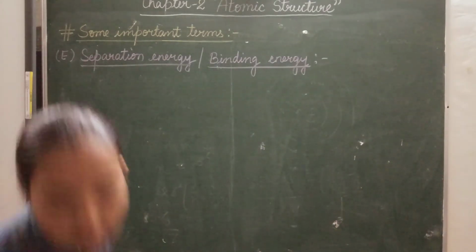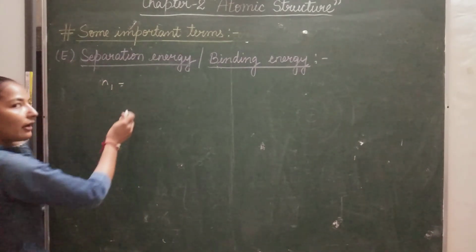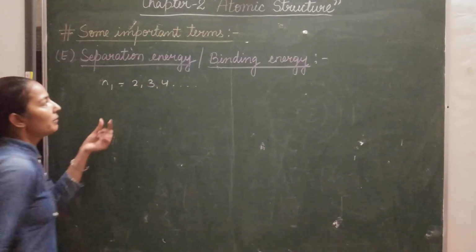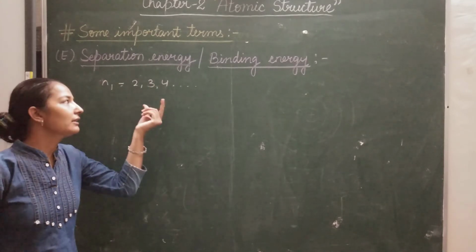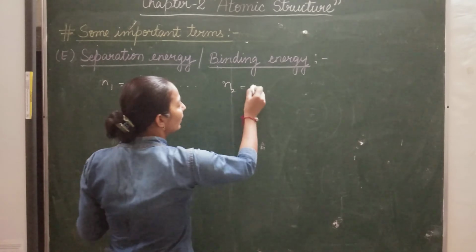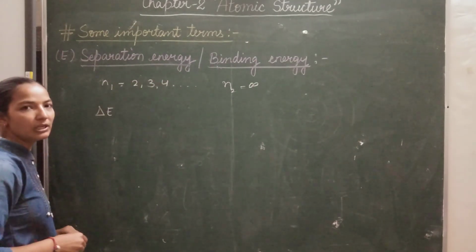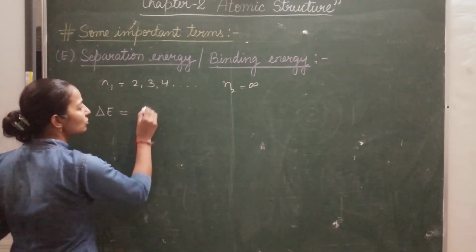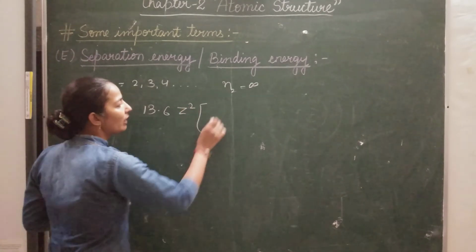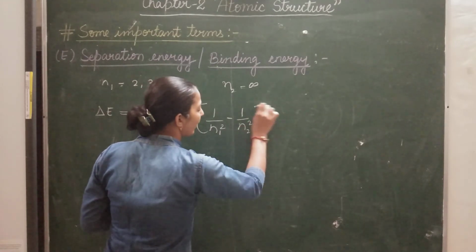So that's why for separation energy or binding energy, the value of n1 will be 2, 3, 4, etc., because we are taking the electron from any excited state to infinity, and the value of n2 will be infinity. So delta E will be equal to 13.6 Z square into 1 upon n1 square minus 1 upon n2 square.